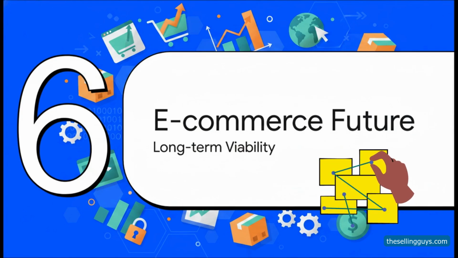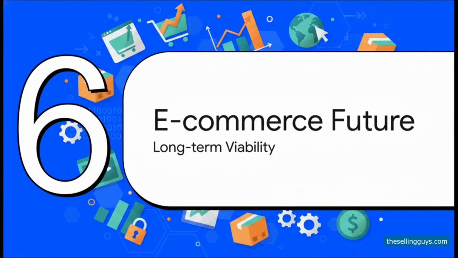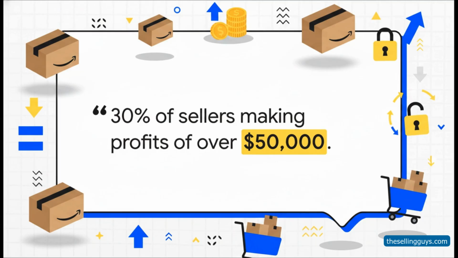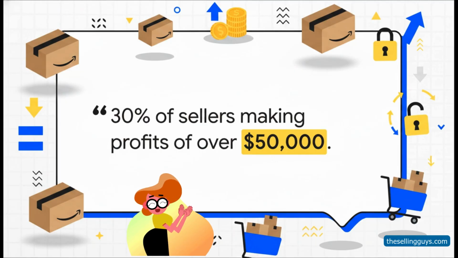Finally, Section 6, your e-commerce future and long-term viability. So the crucial point is this: despite the hurdles, massive potential is absolutely still out there for those willing to adapt. In fact, getting ungated can actually become your secret weapon against the competition. And the data backs this up perfectly. 25% of all Amazon sellers are still doing retail arbitrage.